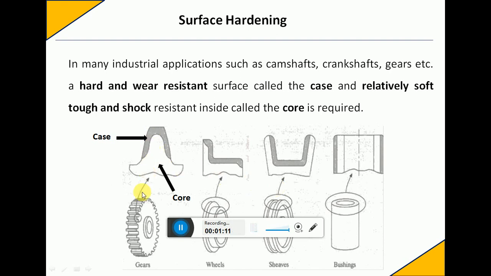In this gear tooth, this is the case and this is the core. This case should be hard and wear resistant because friction is there, and to sustain shocks the inner core should be tough, and these types of requirements cannot be fulfilled by full hardening. So surface hardening is required.